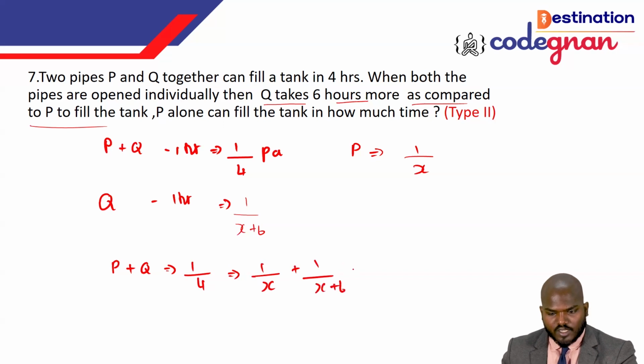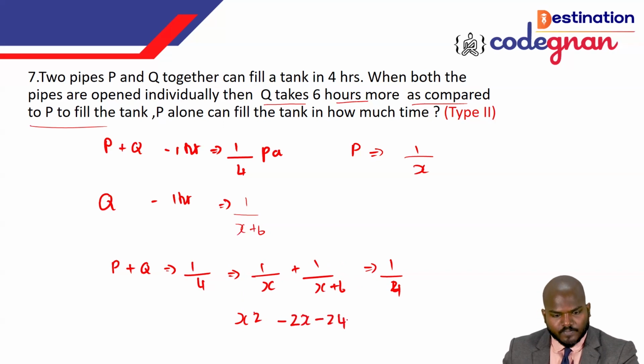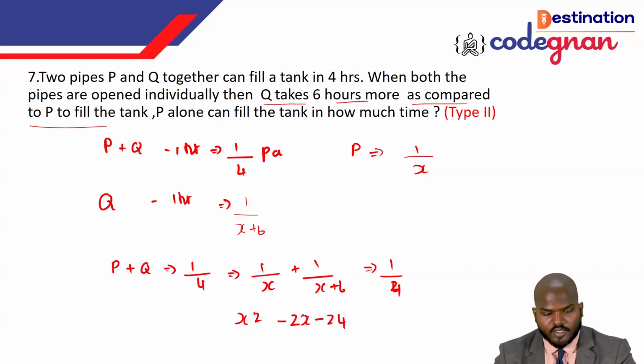If you solve this, you get the value X square minus 2X minus 24.